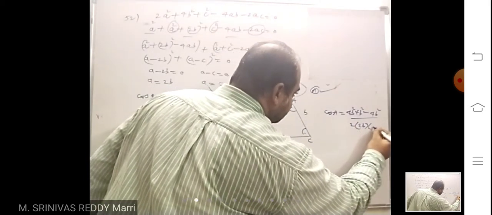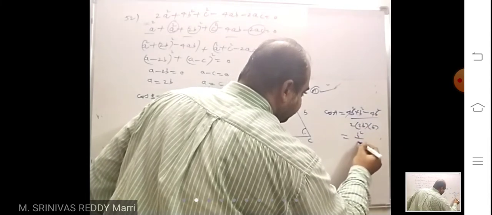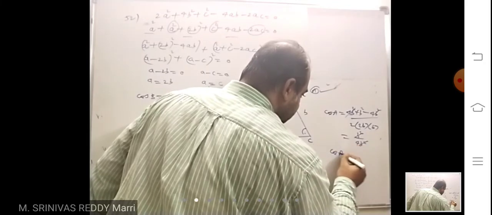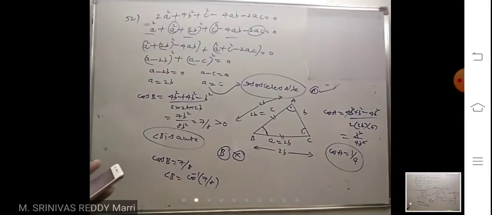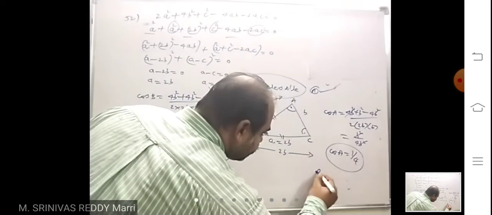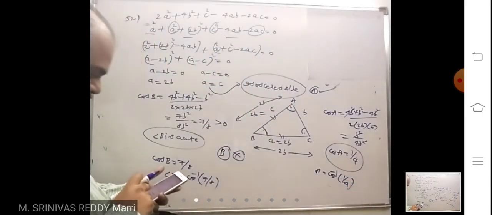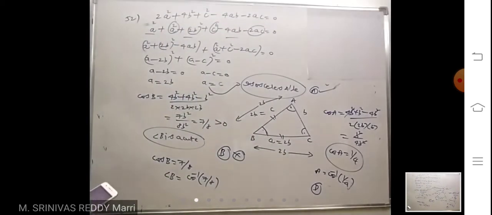That means 4b square plus b square minus 4b square, so b square divided by 4b square. That means cos A is 1 by 4, so A equals cos inverse 1 by 4. So option D is correct. So right answers are A, C, D.